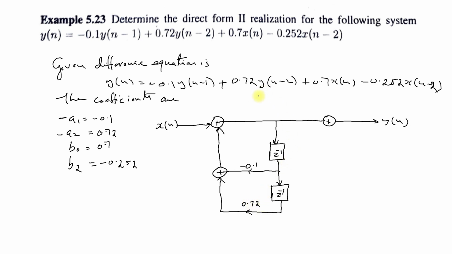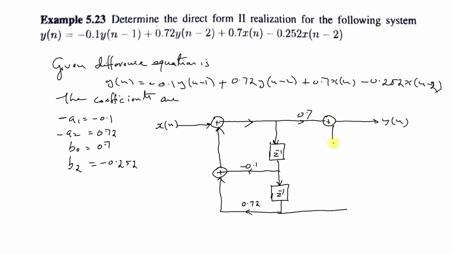Then when coming to the right side, x of n corresponds to b0 equal to 0.7. Here a0 is always equal to 1. Then we don't have x of n minus 1. So for x of n minus 2, after the second delay we have the output.